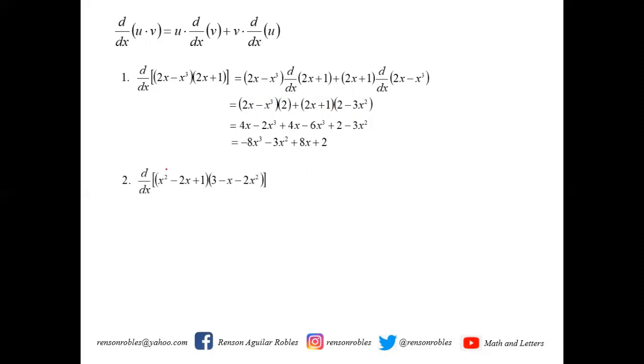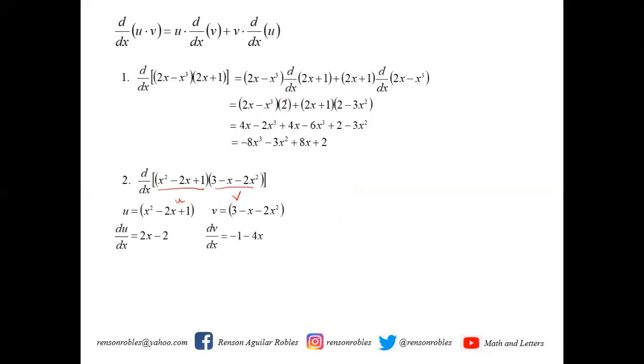Okay, so again, we shall let this be our u, that's x squared minus 2x plus 1, and this shall be our v, okay? And then we know that the derivative of x squared minus 2x plus 1 is 2x minus 2, and the derivative of v is negative 1 minus 4x.